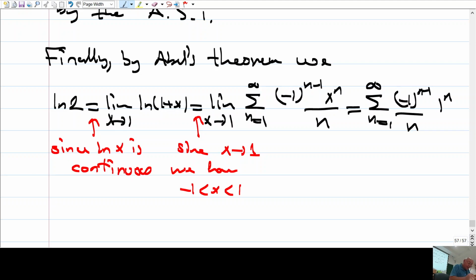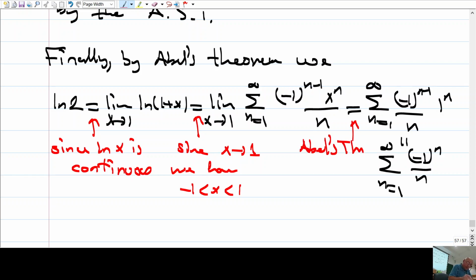When you let x equals 1, you get this, which is just -1 to the power n minus 1 over n, from 1 to infinity. And this is Abel's theorem. Abel's theorem, okay?